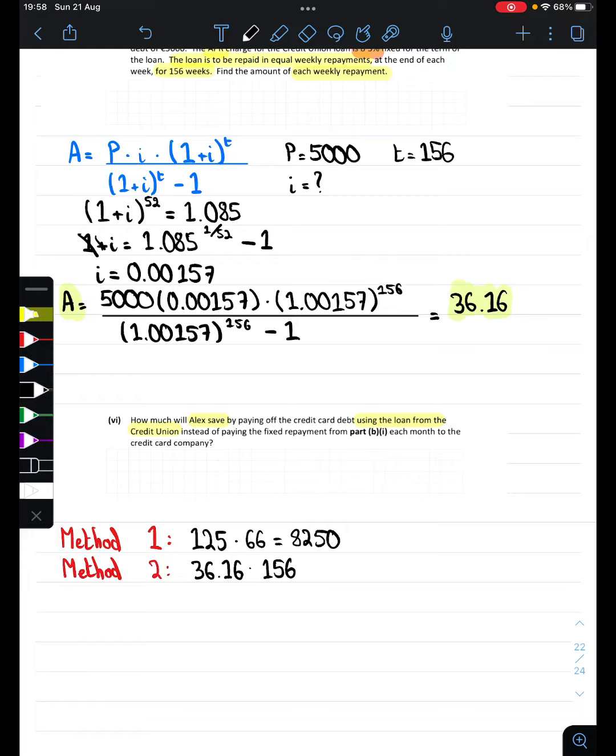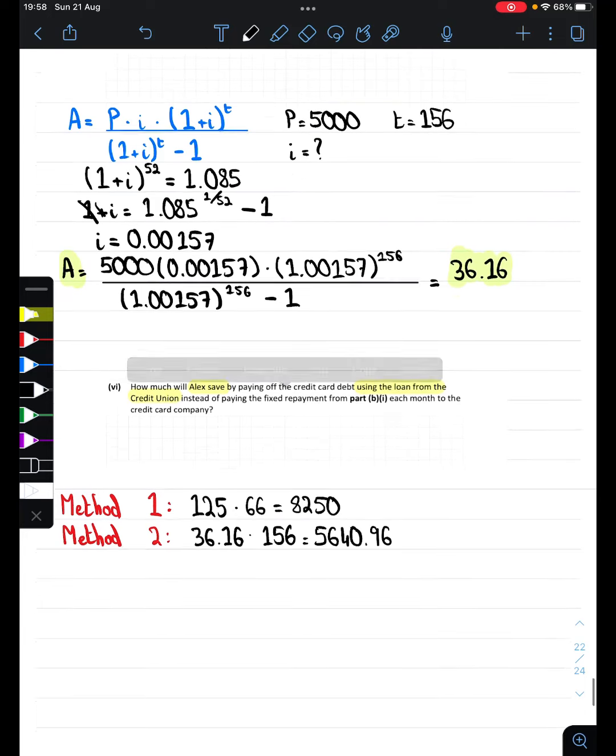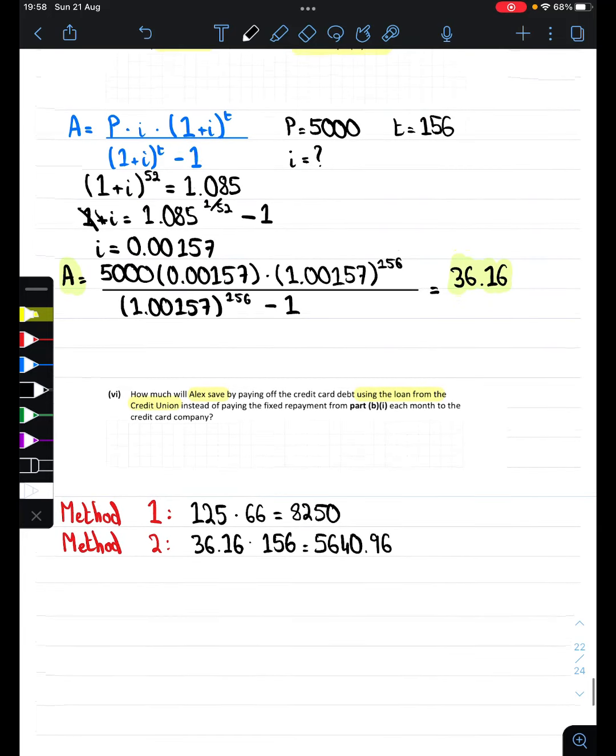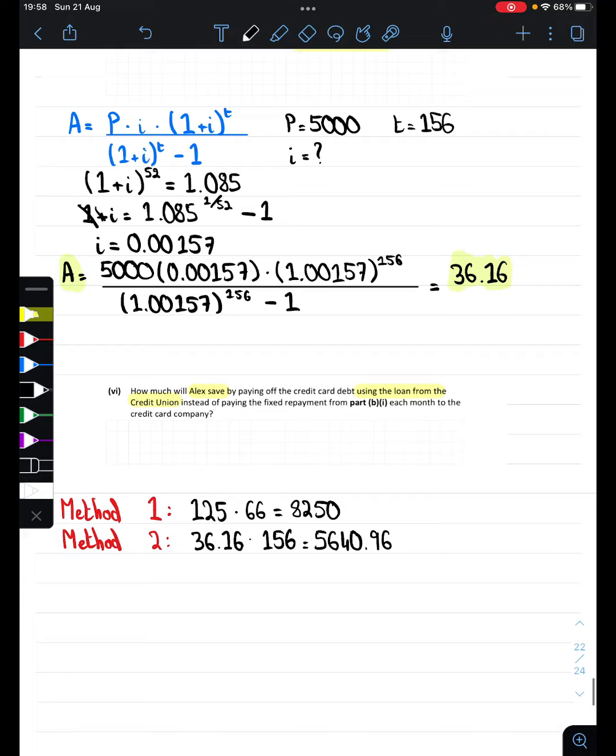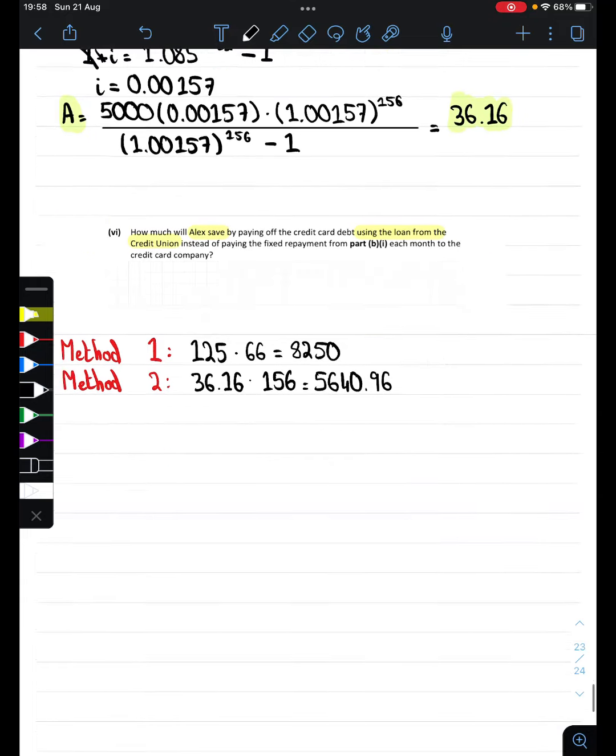So 36 euro and 16 cent by 156 is 5,640 euro and 96 cent. So this is a way better plan. In the first one, he's getting 5,000, he's paying back 8,250. In the second method, he's getting 5,000 and he's paying back 5,640. So yeah, he's going to pay back more, which you can expect, but it's not that much more.